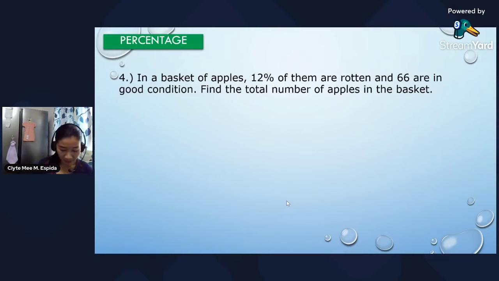Uulitin ko po, hindi po pwedeng bumaba ang sagot sa 66. Ibig sabihin, answer would be greater than 66. Okay, Jen is 73. Some more answers? Wala pa pong nakakuha ng tamang sagot. So, decimal po yung sagot is imposible po kasi whole naman po yung apples.